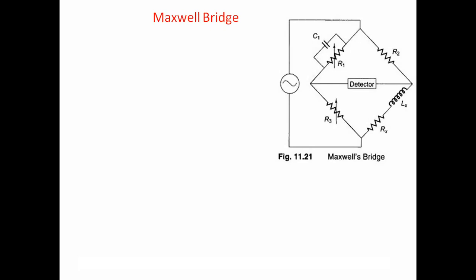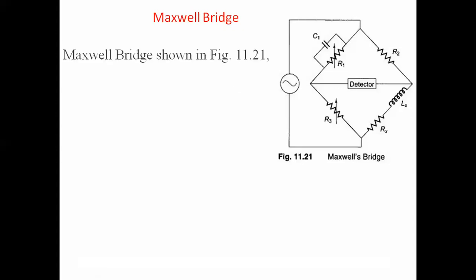In an inductive comparison bridge, the variables R3 and L3 are connected in arm 3, so there is a variation here you can identify. So R1 and C1 are in parallel, connected at arm 1.